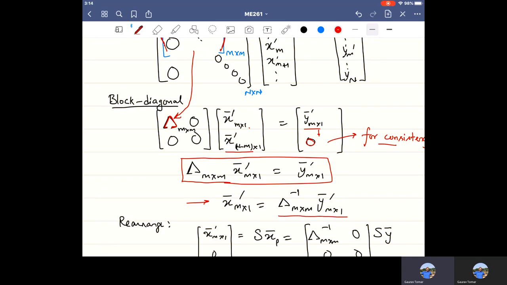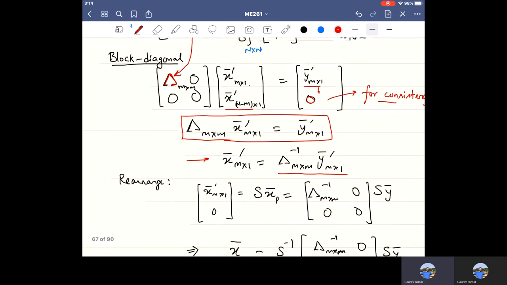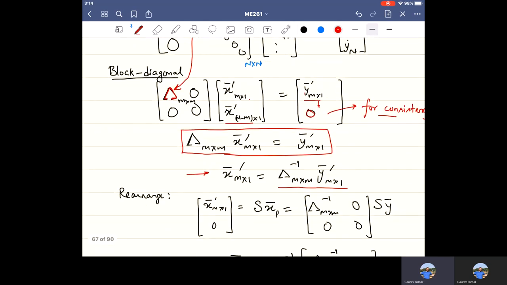Now we want to place it back into the original system of equations. Now we know that x prime vector, keeping these as 0 vectors, because let's say we have chosen them as 0, doesn't matter, because they could have been chosen anything, so we'll just keep them as 0.